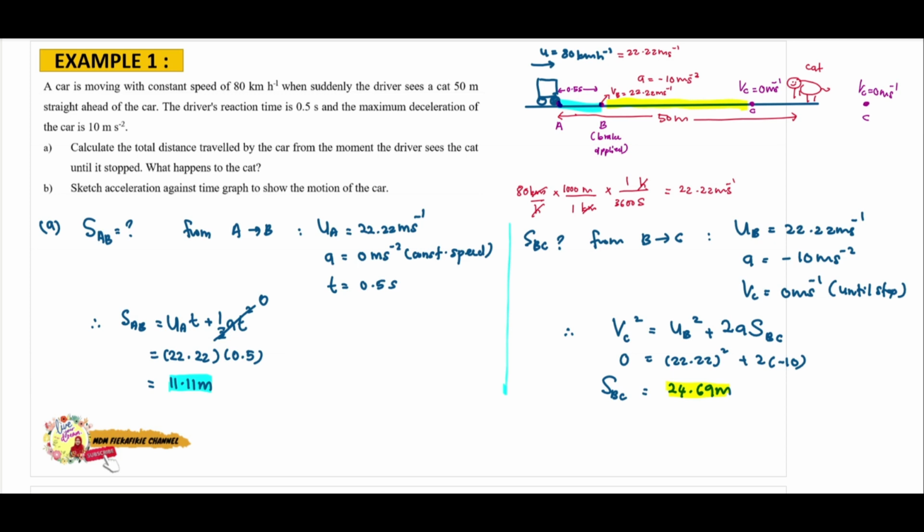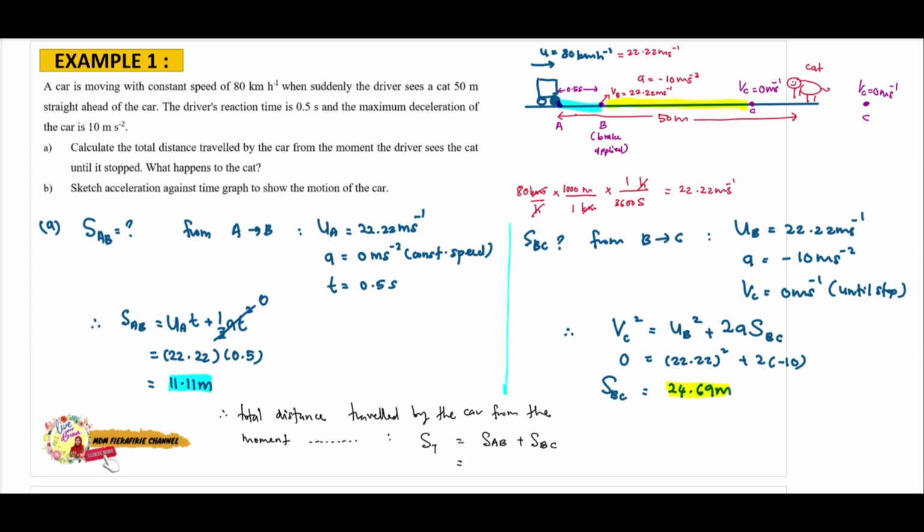Okay, so kita total up dulu. What is the total distance? Adakah dia langgar cat ini? What happens to the cat? Therefore, we can write total distance travelled by the car from the moment the driver sees the cat, as S total equals SAB plus SBC.